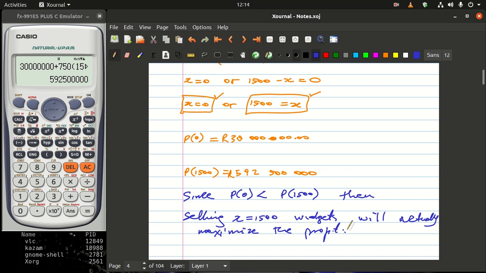Just a quick summary here: you first need to make sure that you find the endpoints, and then you find the outputs by plugging them in the function.